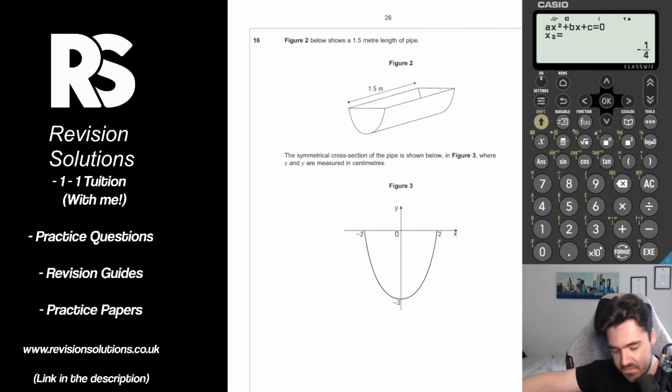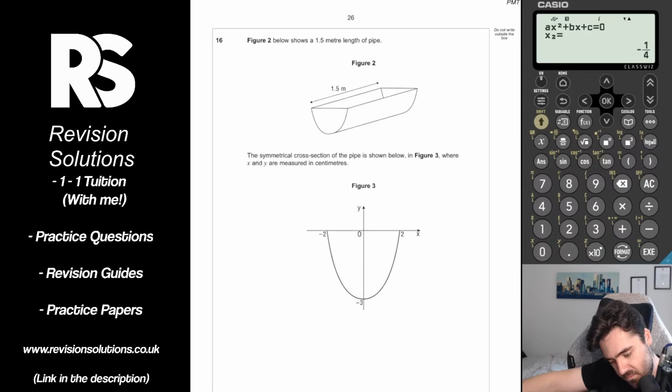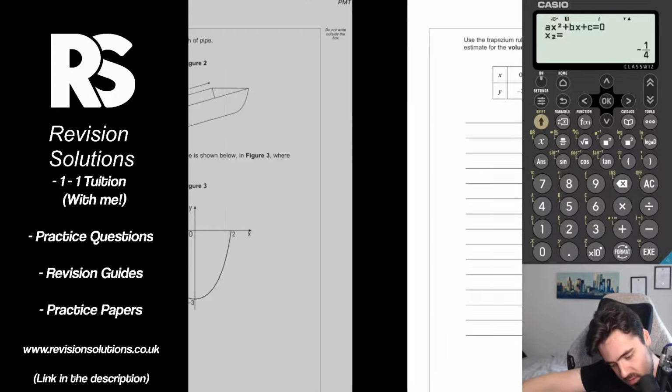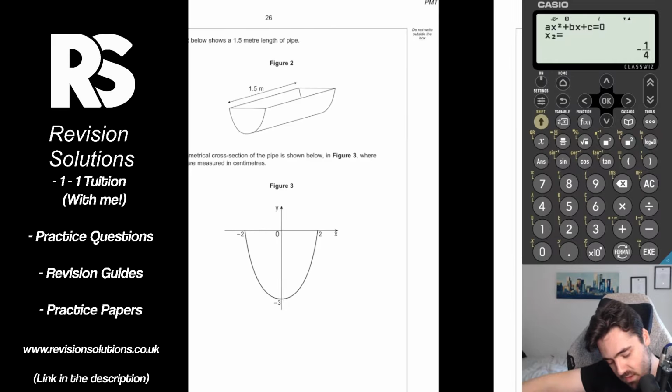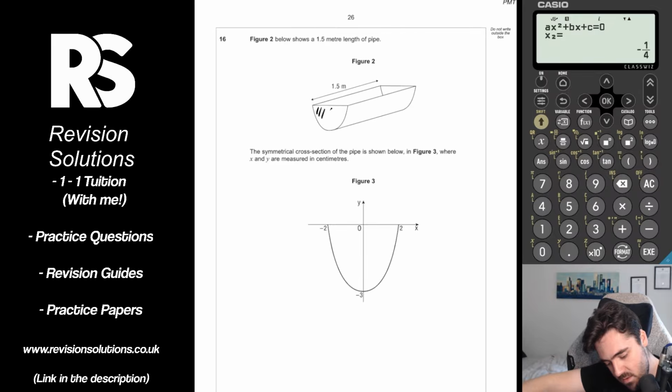Carrying on to question 16, it says figure 2 below shows a 1.5 meter length of pipe. The cross section of the pipe is shown in figure 3 below. Then it says, use the trapezium rule with the values shown in the table below to find the best estimate for the volume of the pipe. To calculate the volume, it's going to be the cross-sectional area times the length of the pipe.